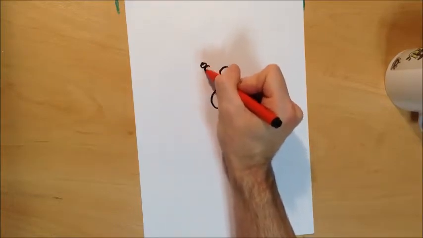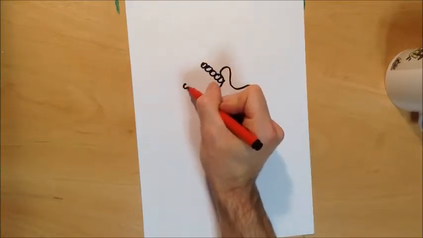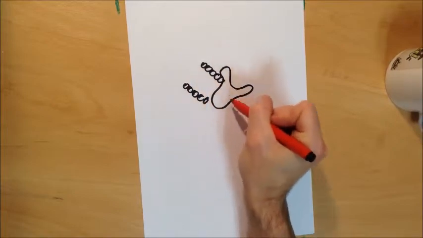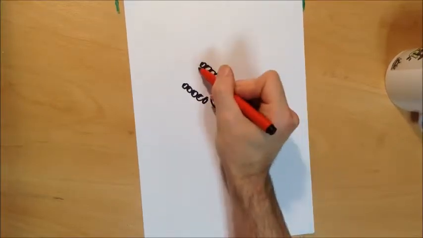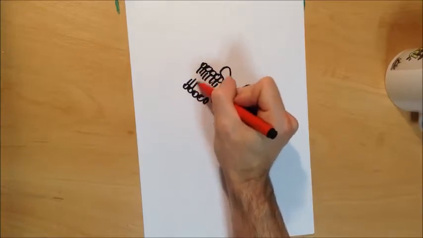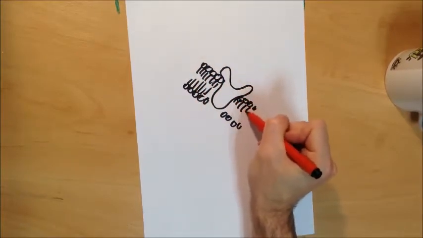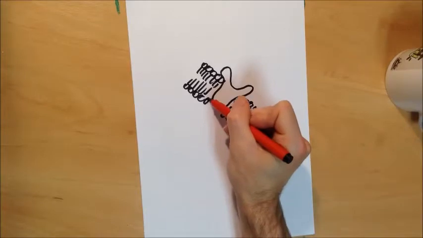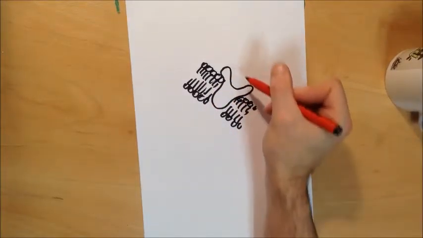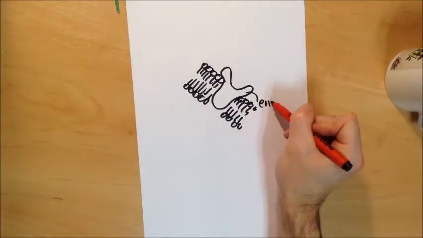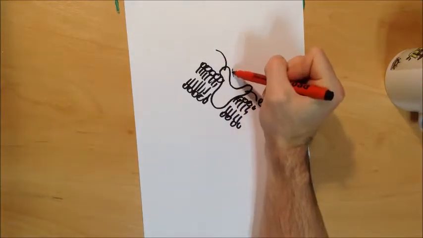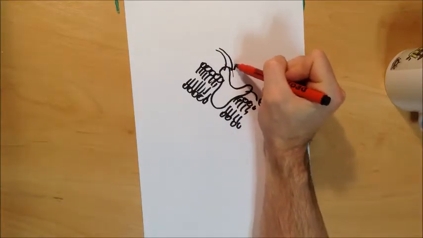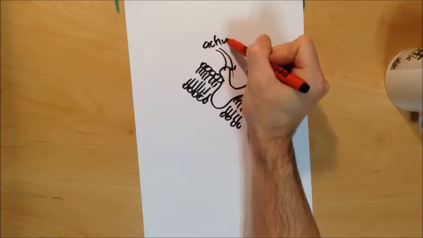And if you remember, this is a phospholipid bilayer. Just quickly fill that in. And you can probably guess what these proteins are. These are enzymes. And this would be the active site of the enzyme, this section here.